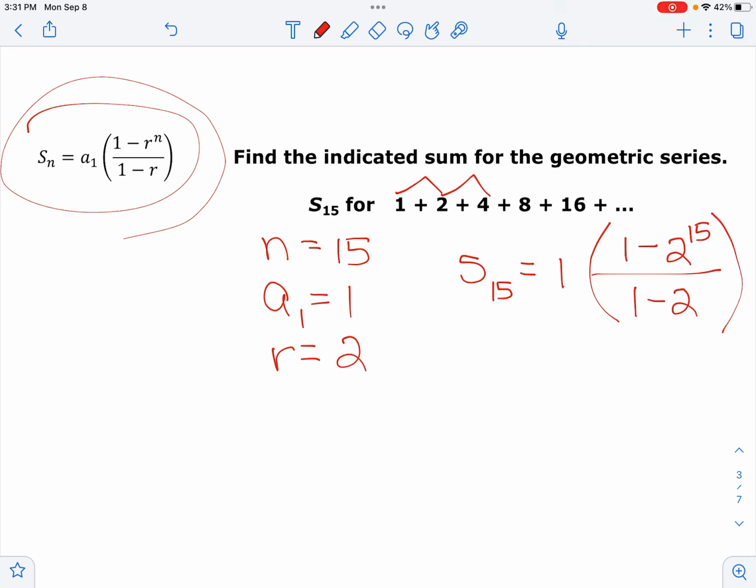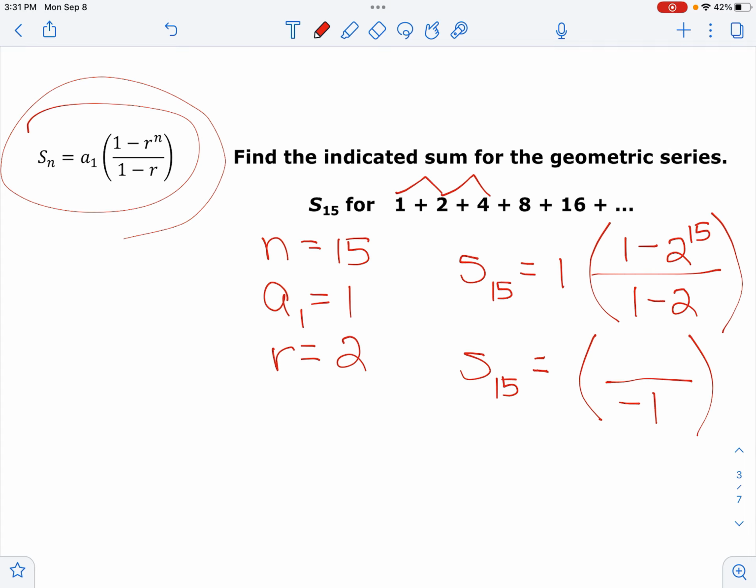Really, the 1 in the front I'm not going to need to worry about. I can just do the top. So let's do 1 minus 2 to the 15th power. That's going to be big. I know the bottom number is going to be negative 1.